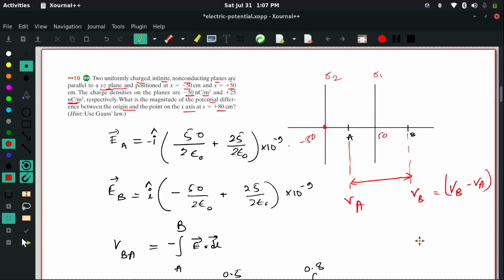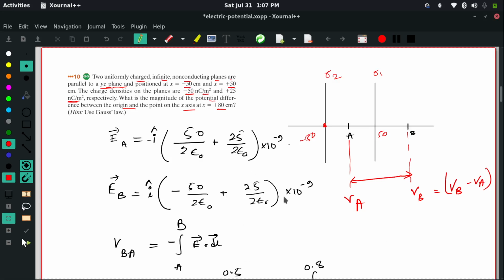From the previous chapter on electric fields, you might know that the electric field just superposes in these regions, and you also know the electric field due to these non-conducting planes. The electric field is sigma by 2 epsilon 0 times some i cap.